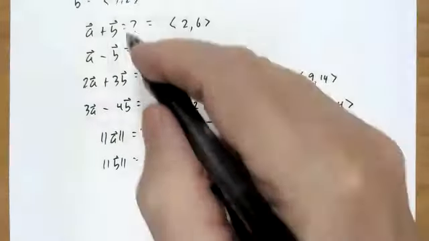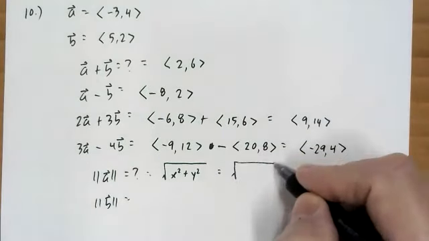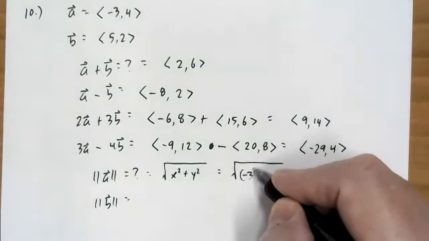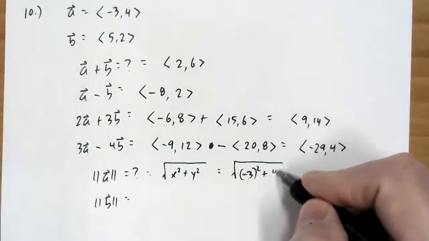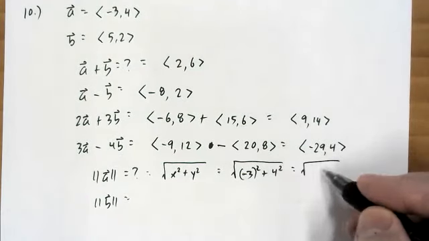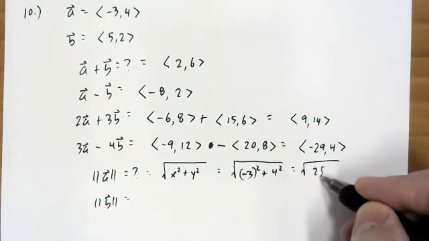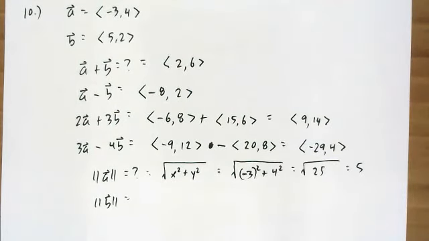So for A, I'm going to take the square root of -3 squared, there's the x part, plus the y part, 4 squared. This is 9 plus 16. So the magnitude for vector A is 5.